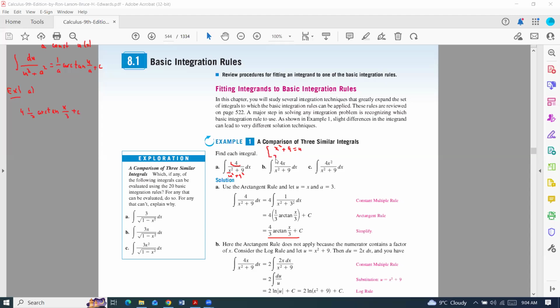So I take derivative of x squared, which becomes 2x, and I attach dx to it, and that will be du. And now I see what's going on in the actual numerator of my integrand, and I see there is 4. So it's not 2, but 4. And I can easily produce 4 if I just double both sides, right? So if I put 2 here.